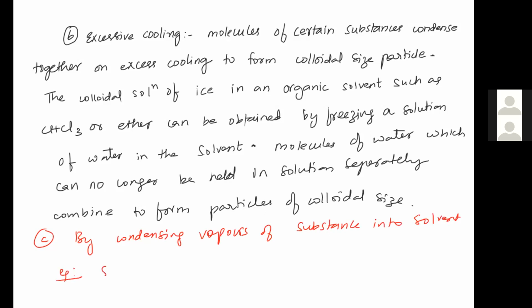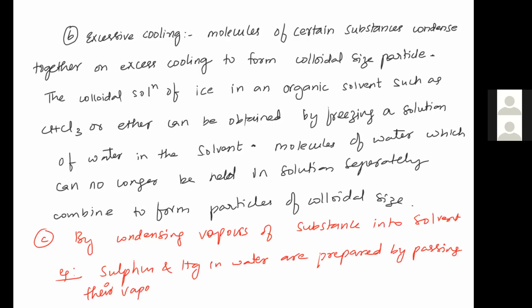For example, colloidal solutions of substances like sulfur and mercury in water are prepared by passing their vapors into cold water containing stabilizing agents like ammonium nitrate in small amounts.